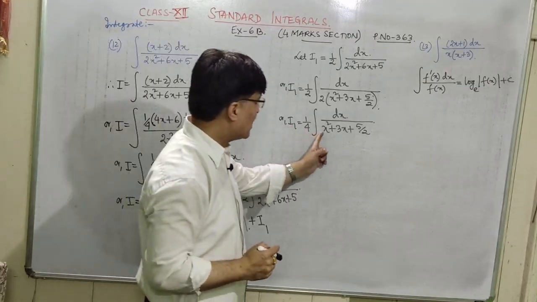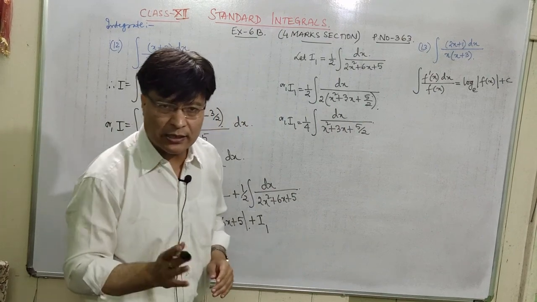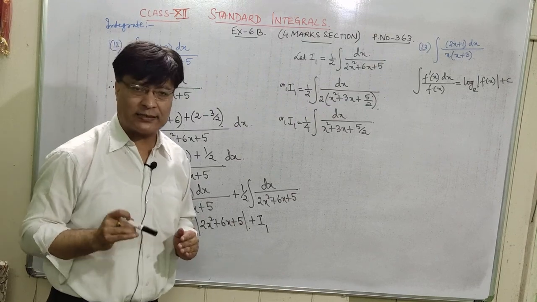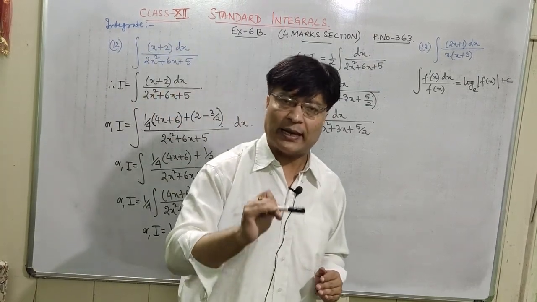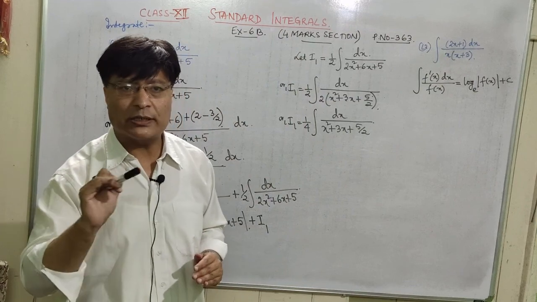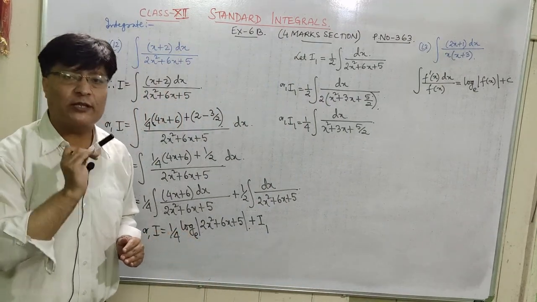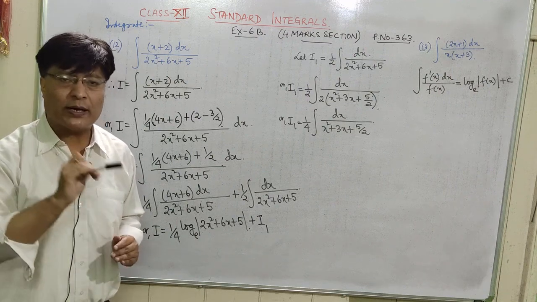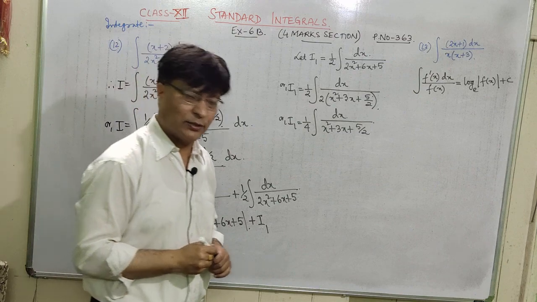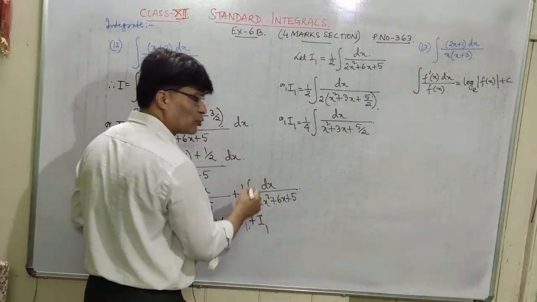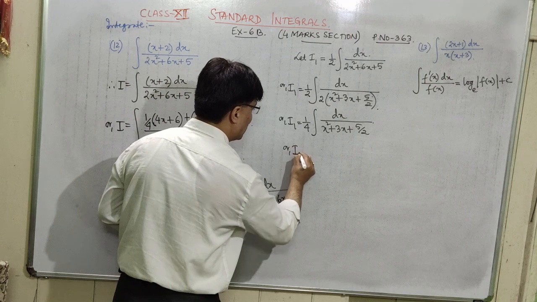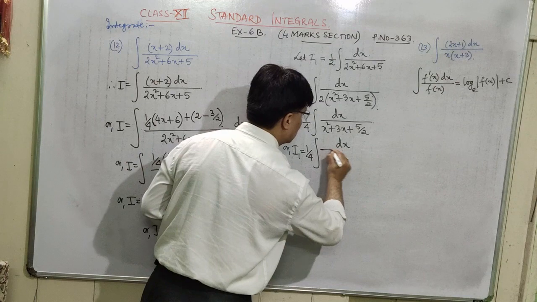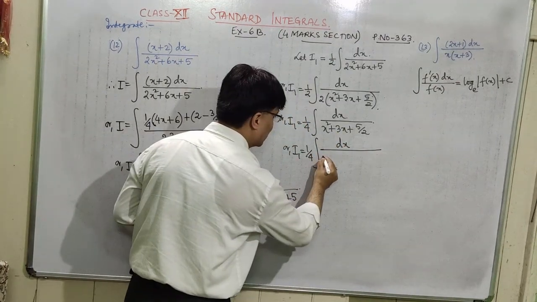Now again there is x square plus 3x, a term containing x square and x. I already told you in the previous problem that if you have an expression like x square and a term containing x, you should convert it into perfect square form, that is a square plus 2ab plus b square, or a square minus 2ab plus b square. So let us convert into a square plus 2ab plus b square form. So I1 is equal to 1/4 integration of dx divided by, what is a whole square?